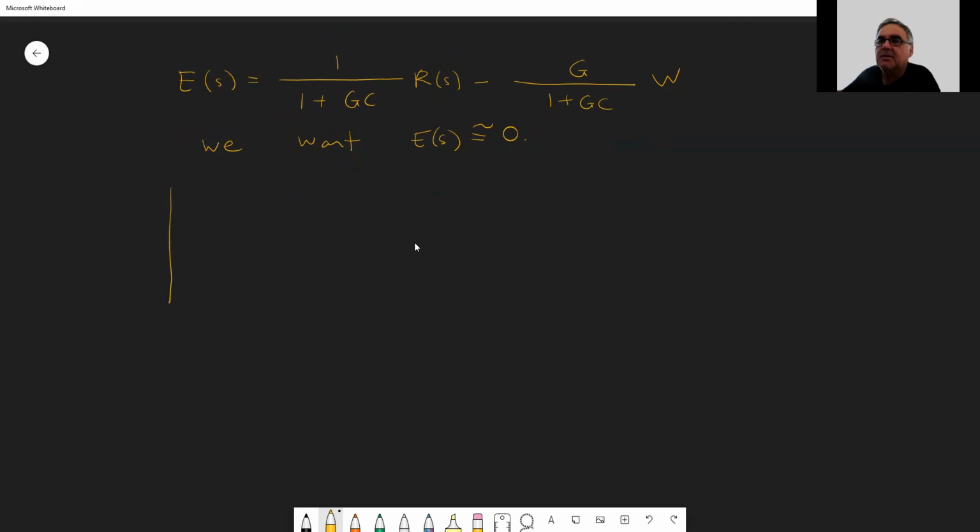Let's say that you look at the step response of a system. This is time. You increase R from some value to, let's say, R steady state value of R. And you would like your system to do something like this, if possible.